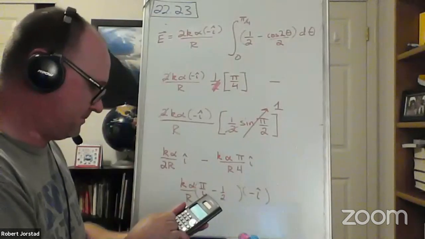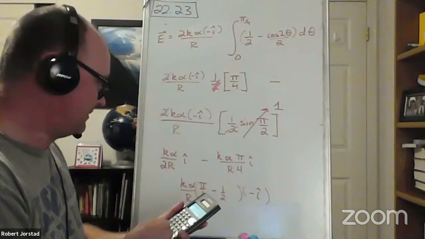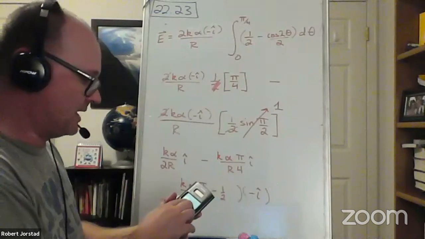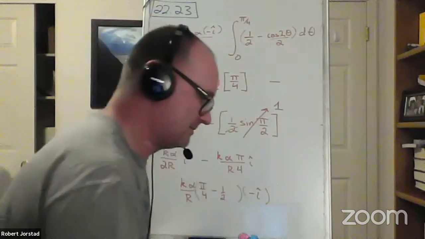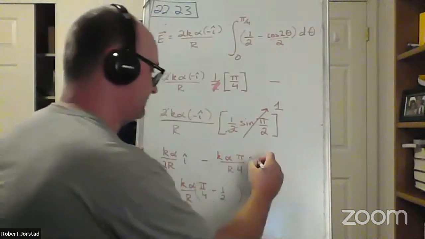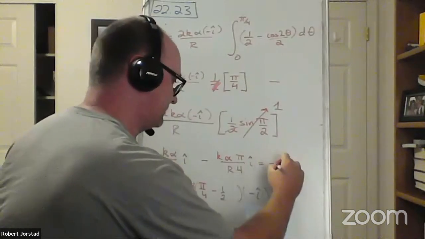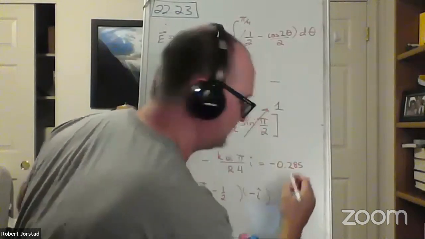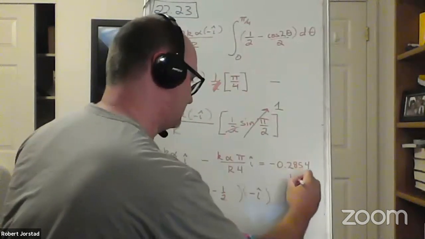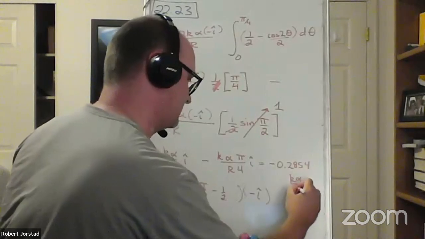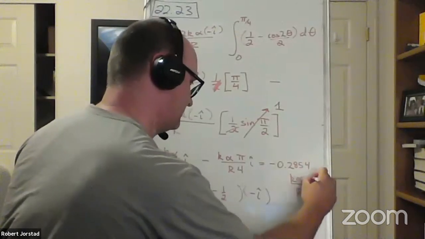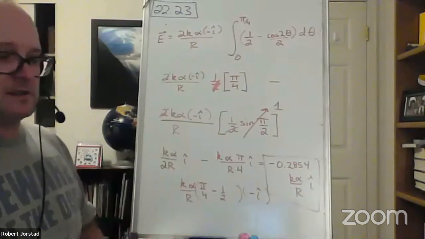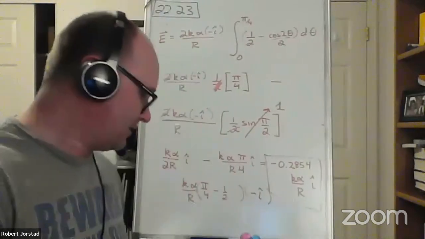So pi over 4 minus 0.5 is 0.2854-ish. So that I'm going to write down too. Anybody else get that?